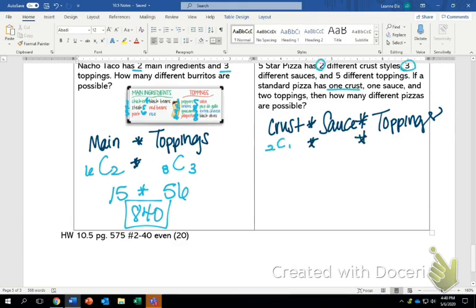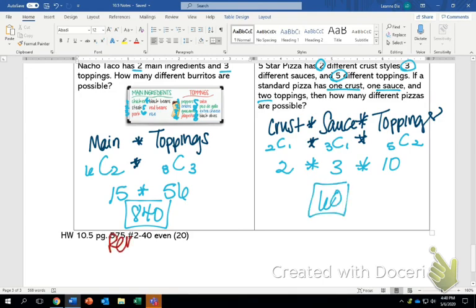The sauce would be 3C1. And our toppings would be 5C2. 2C1 is going to equal 2, 3C1 is 3, and 5C2 is 10. If you multiply all that, 2 times 3 is 6, and 6 times 10 is 60. That is our answer.